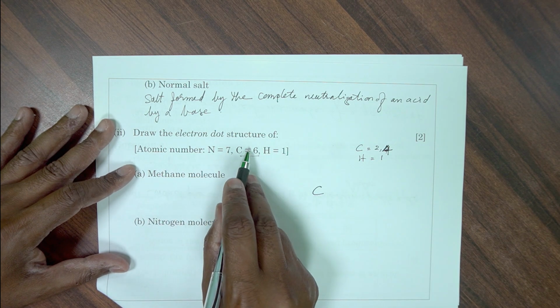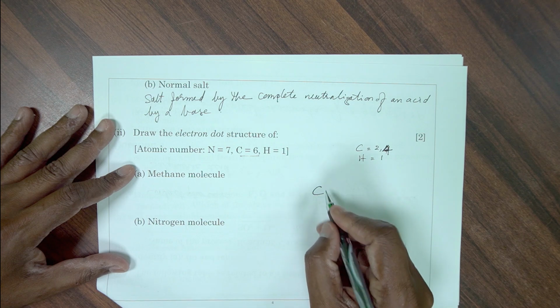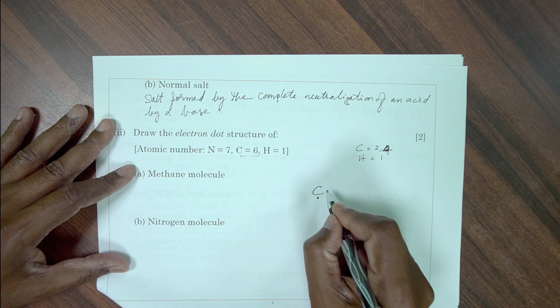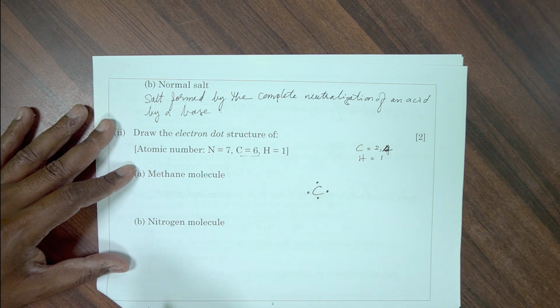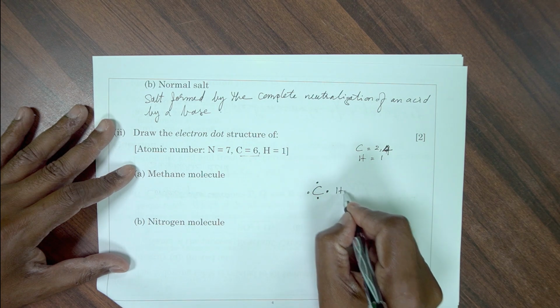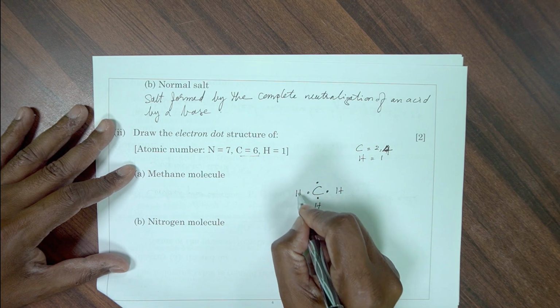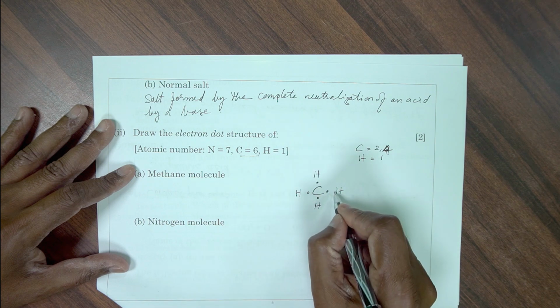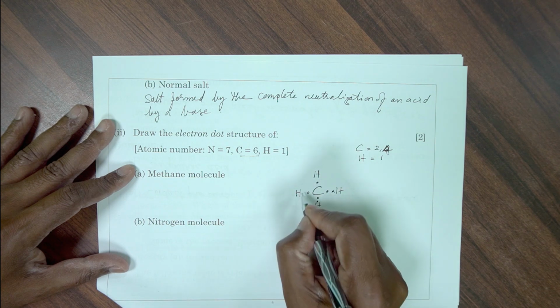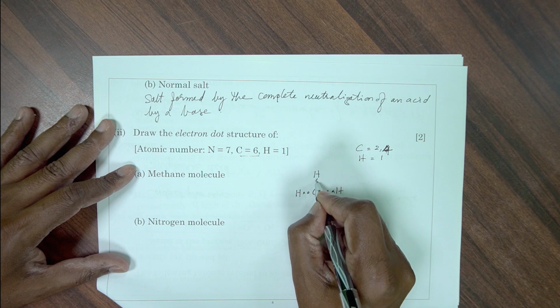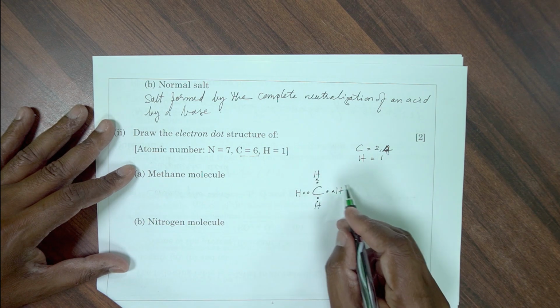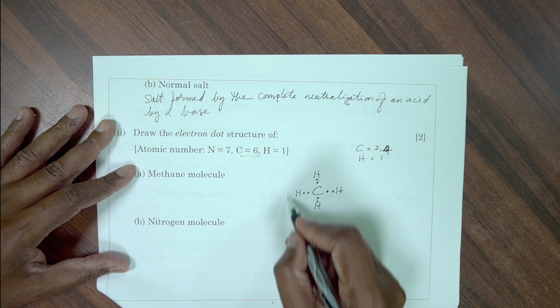It is an electron dot structure, so you may use dots and crosses. Carbon has 4 electrons, place them on 4 sides, and then each hydrogen has 1 electron. So there will be 4 hydrogens to form 4 covalent bonds. That is how the octet of carbon is complete, and the duplet of hydrogen is complete. So this is the structure.